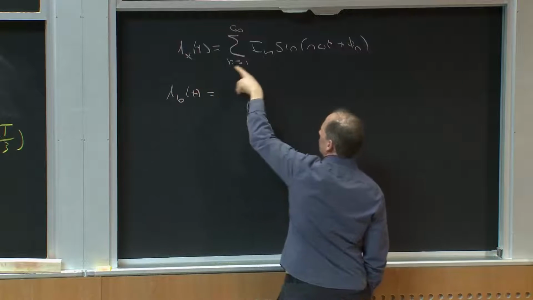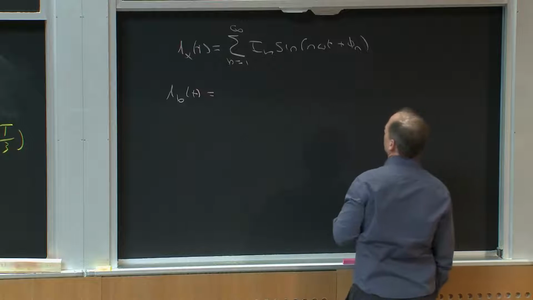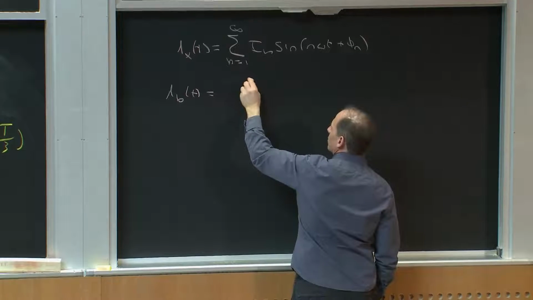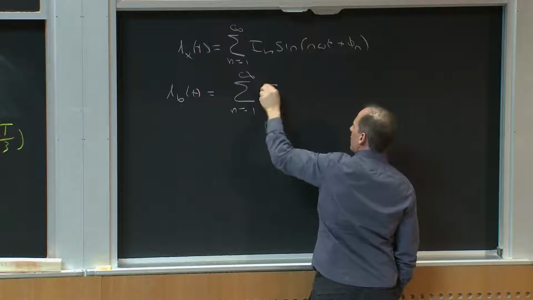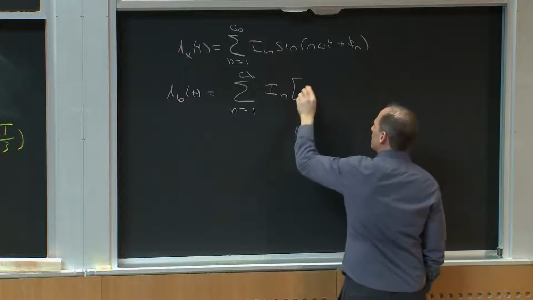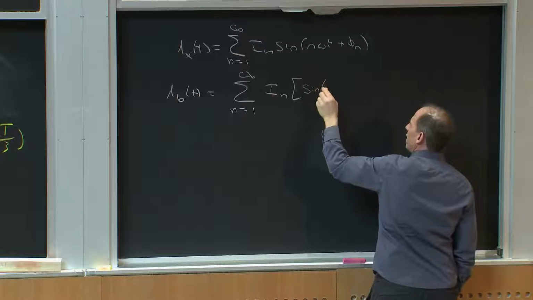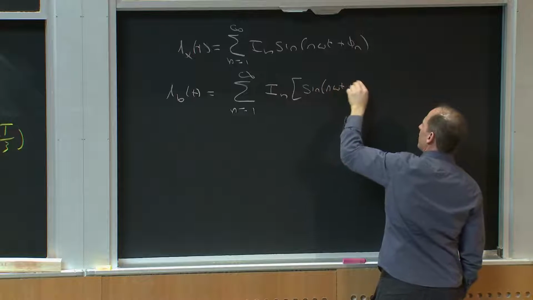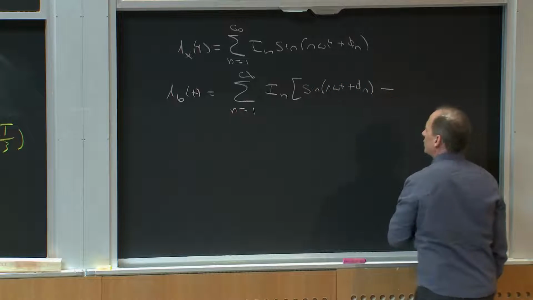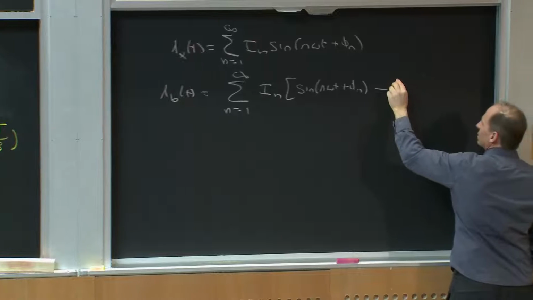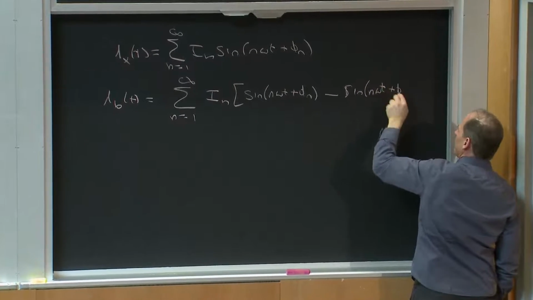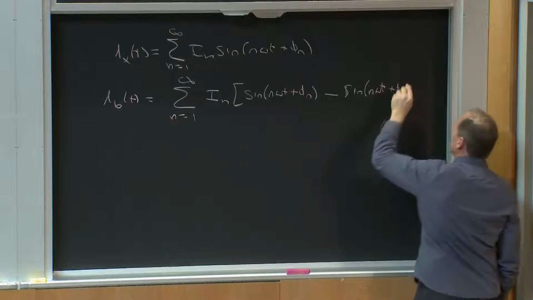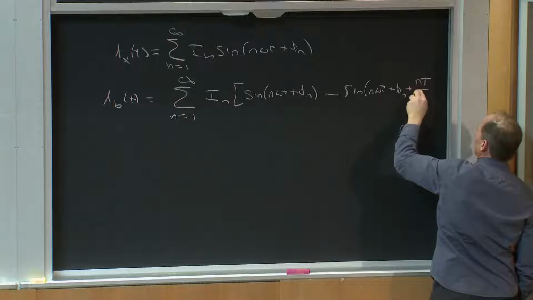would be equal to this minus a shift of a third of a cycle, which I could rewrite as the sum from n equals 1 to infinity of I sub n times sine of n omega t plus phi sub n minus sine of n omega t plus phi sub n plus n omega T over 3. Okay?